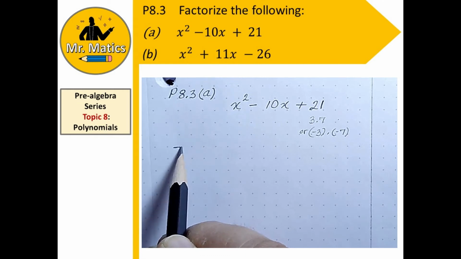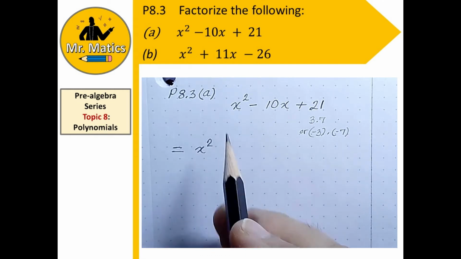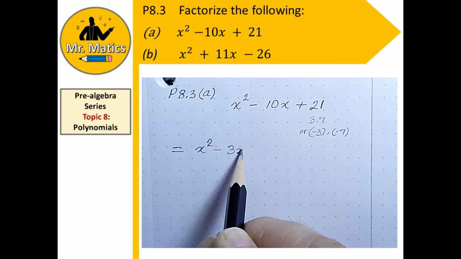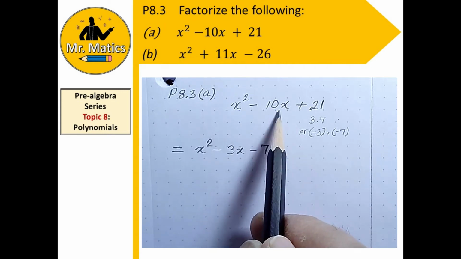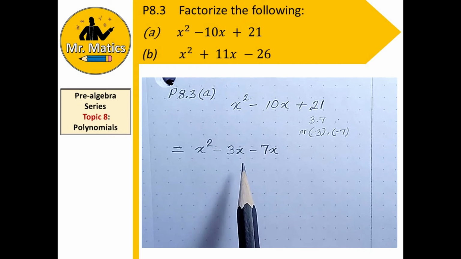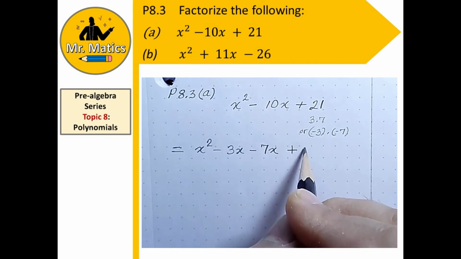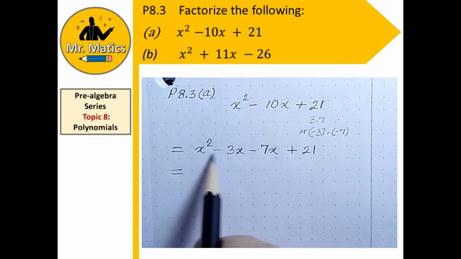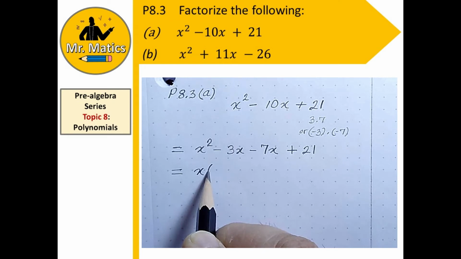So write equals x squared minus 3x minus 7x. That minus 10 is now broken into minus 3x and minus 7x. And then I have the 21 here. Equals, now if I take the x common, I get x times x minus 3.